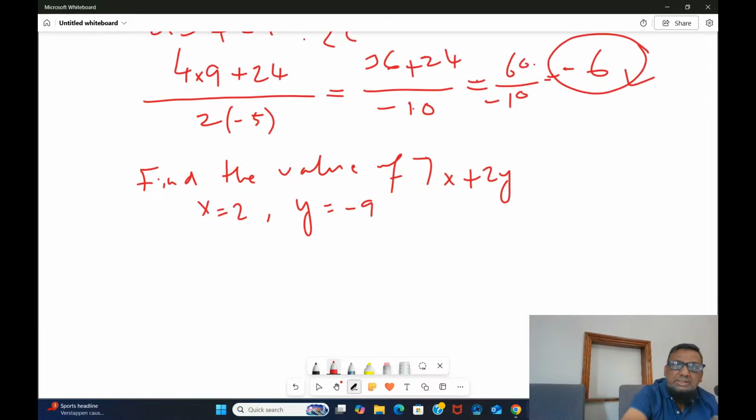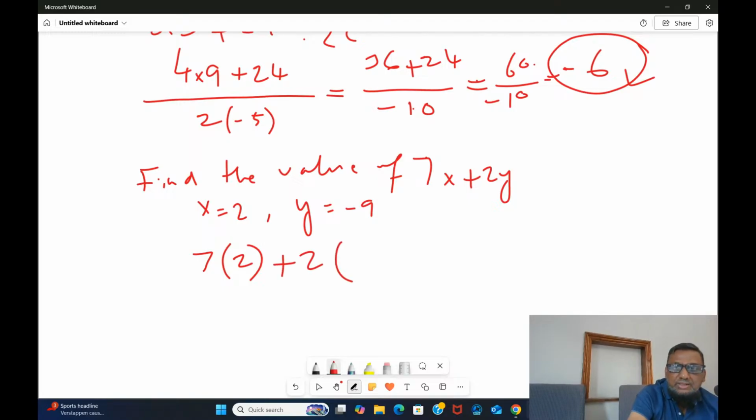So very simple, it is 7x plus 2y. So 7x, I substitute the value of x: 7 bracket 2 plus 2y.